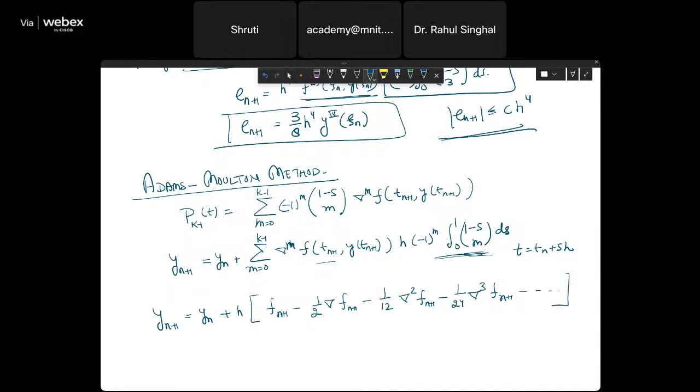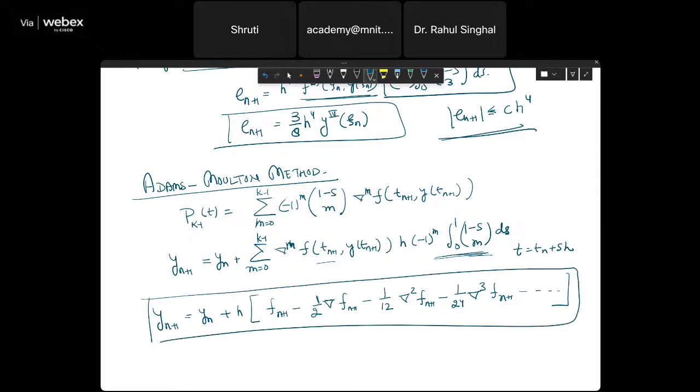Okay, so depending on the degree of the interpolating polynomial, the total number of terms will appear in this expression sitting inside the big bracket. Okay, so this is the Adams Moulton method.